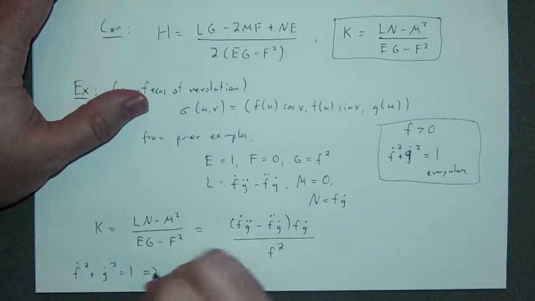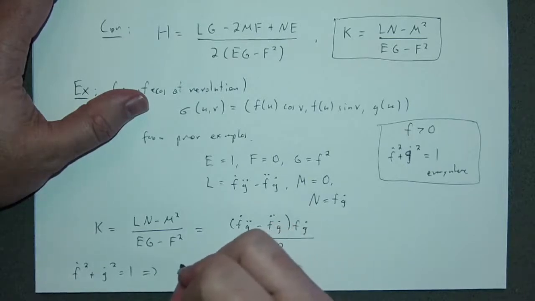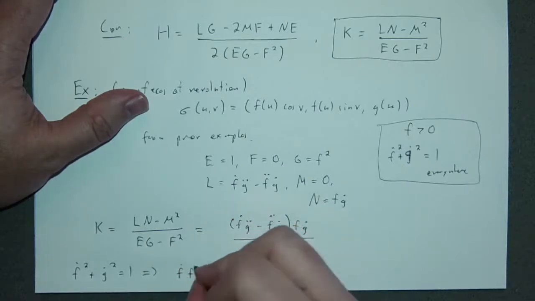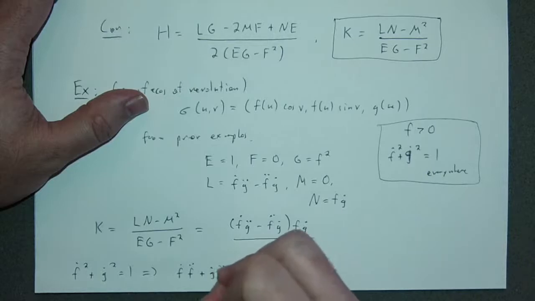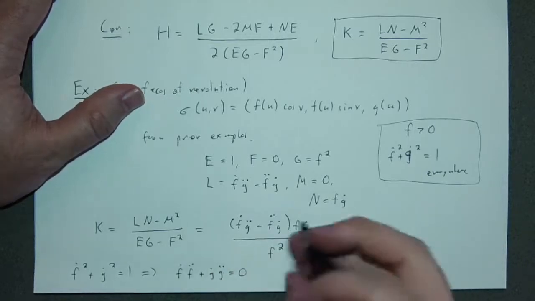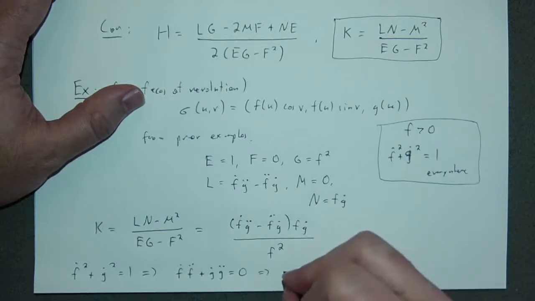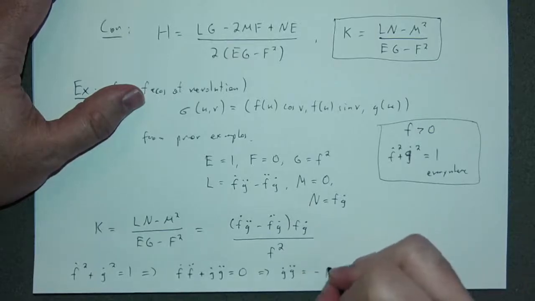Differentiating, that tells me that f dot f double dot plus g dot g double dot is equal to 0, which tells me that g dot times g double dot is equal to minus f dot times f double dot.